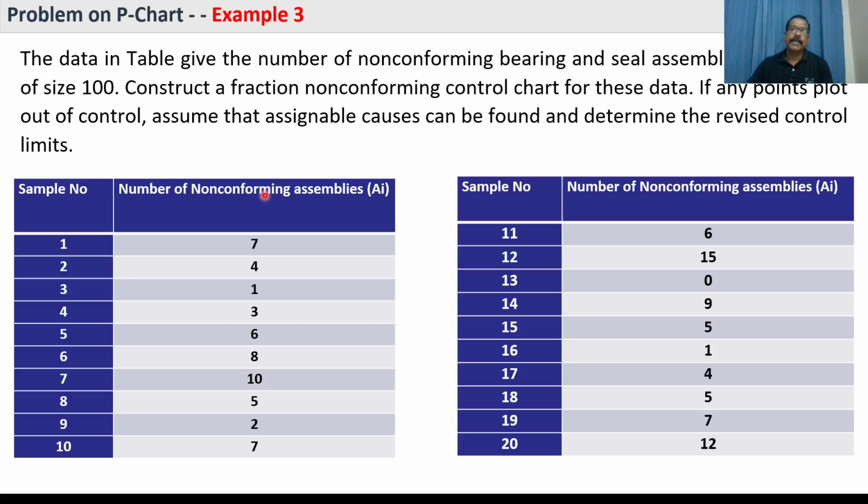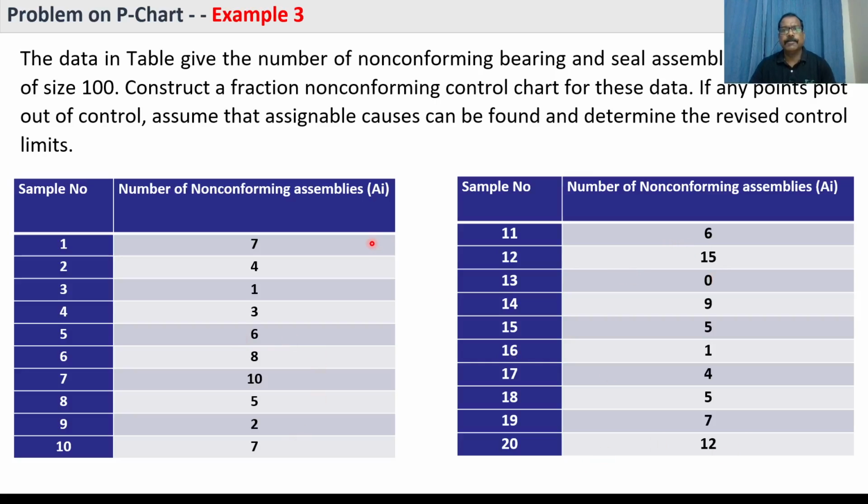Okay, then another example for the P chart. They gave samples 1 to 20, the total number of samples taken. It's not a subgroup, it's a subgroup size. The number of non-conforming assemblies in each subgroup, how many defective items: 7, 4, 1, like that.